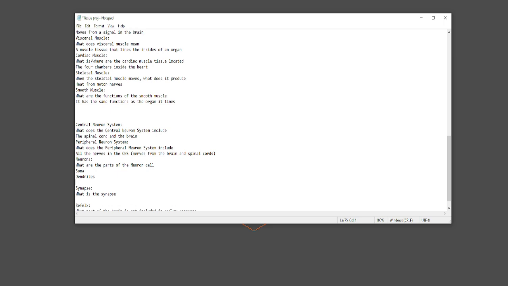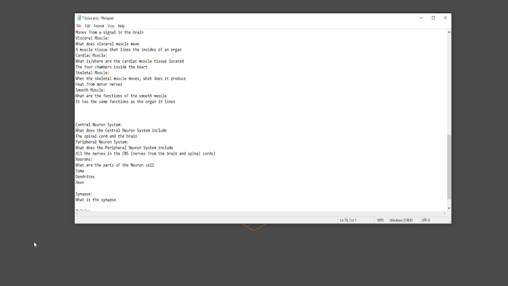The axon, that's where the neuron would emit the signal from.